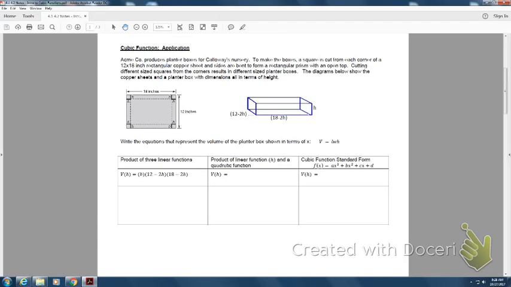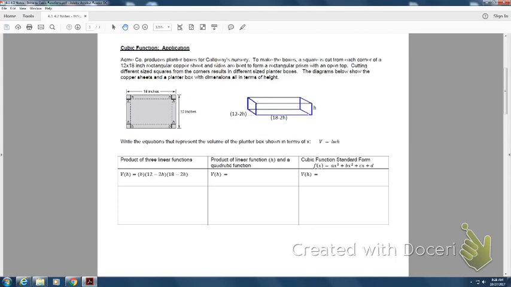Alright, coming down to this problem right here. So we've got these equations again, 18 minus 2h, 12 minus 2h, and then just h. So I've got 3 linear equations. So we want to find in standard form what that cubic function would look like. So I'm going to do to this equation what we were doing to those examples up top.